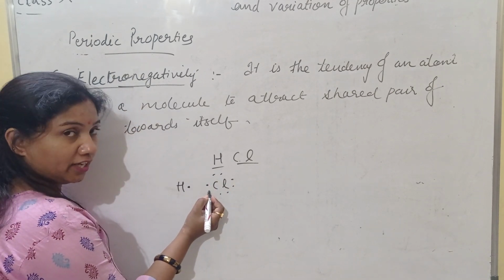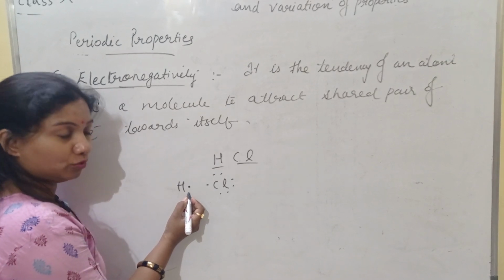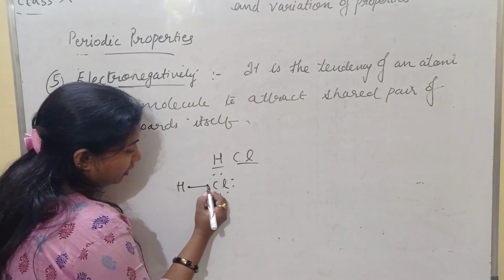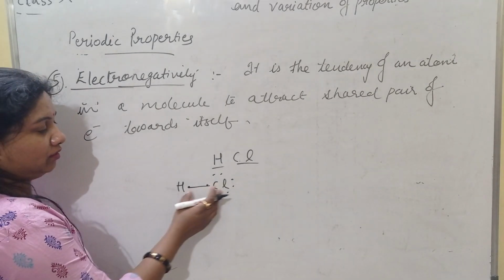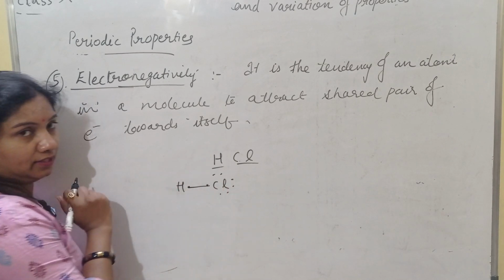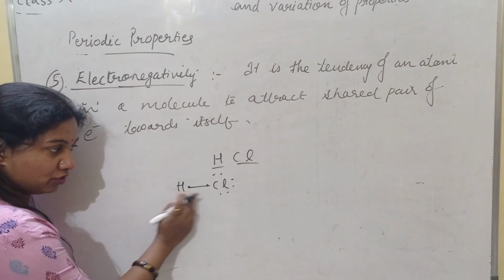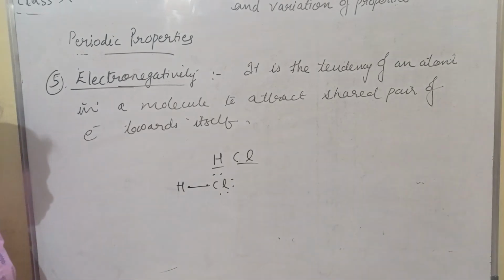It is short of one electron to complete the octet, and hydrogen is short of one electron to complete the duplet. So they will share the electron between them. Now chlorine, after sharing, also has 8 electrons. Hydrogen has 2 electrons. Now both are satisfied with duplet and octet arrangement.